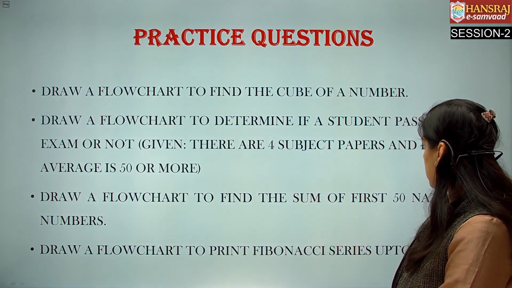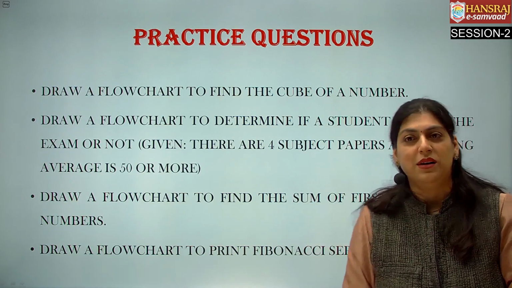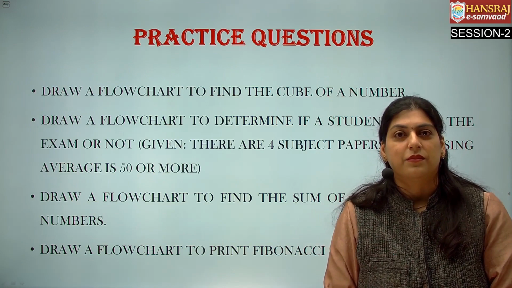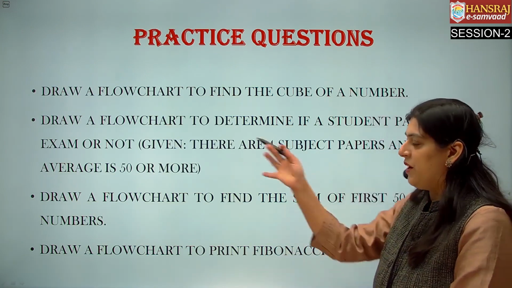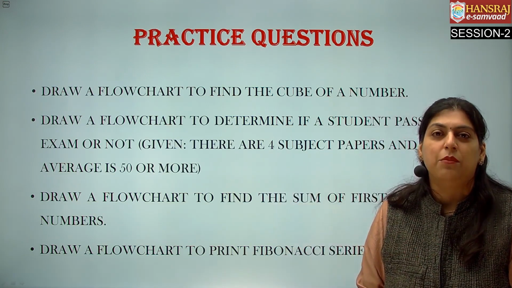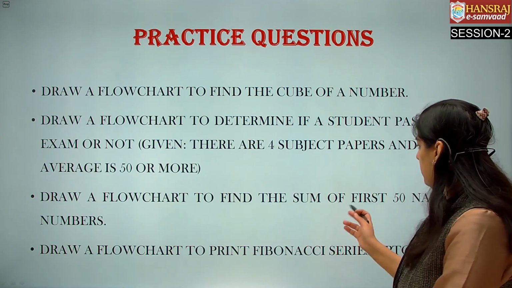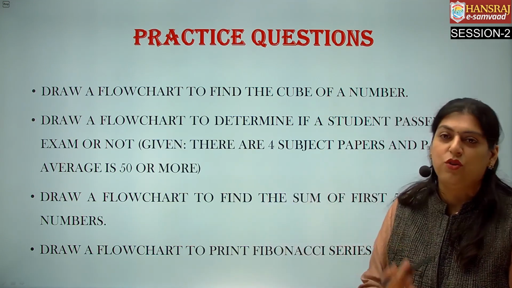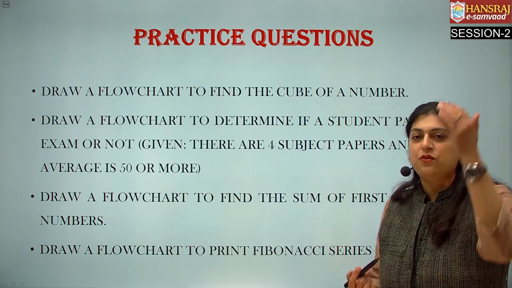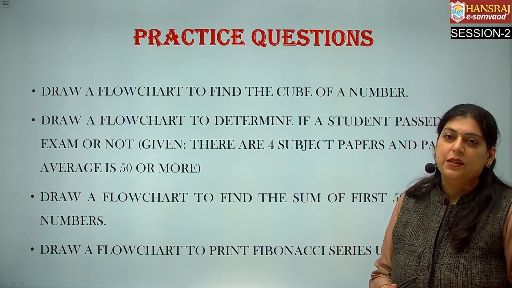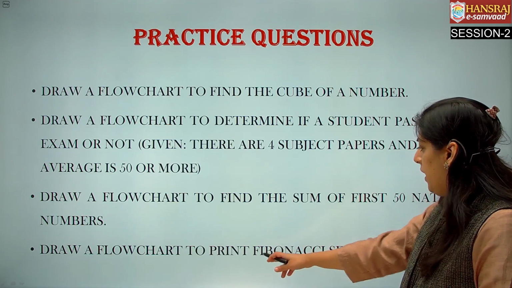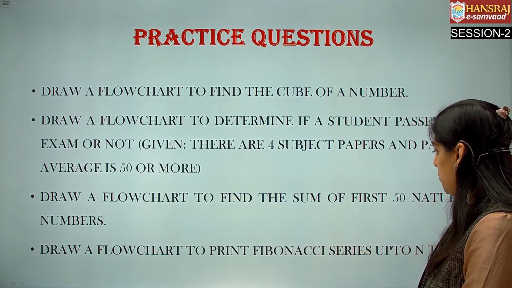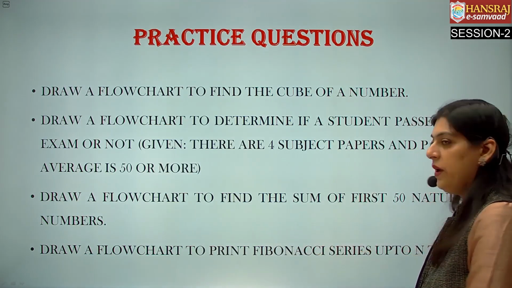Next question, the sum of first 50 natural numbers. This is the same as we have discussed in the previous example, right? You have to apply the concept of loop. How many times is the loop going to be executed? 50 times, from 1 to 50. Simple. And the last concept is to print the Fibonacci series up to n terms.